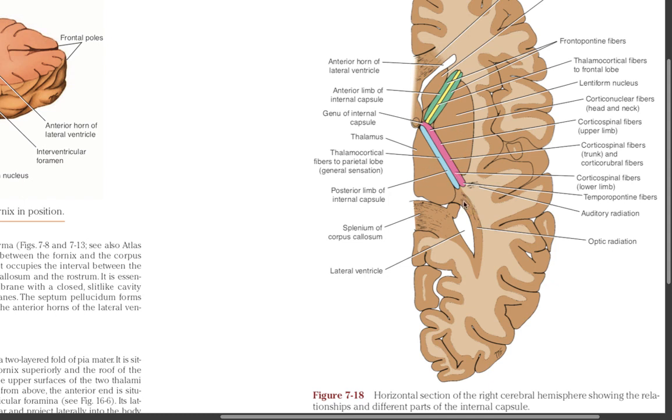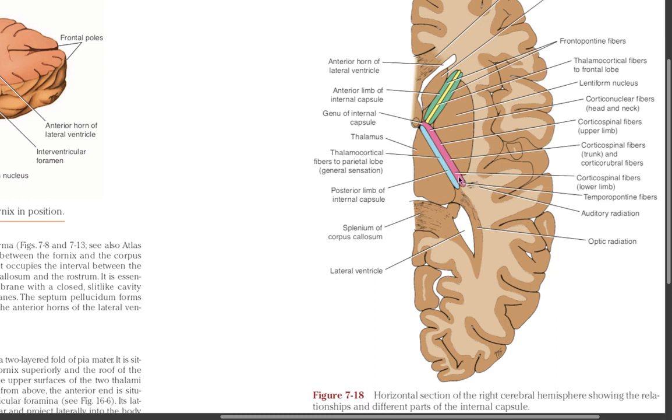There is something that the doctor mentioned too: in here we have something called the optic radiation. Before the optic radiation, in this specific region that is lateral to the thalamus and posterior to the lentiform, we have something called the retrolenticular limb.